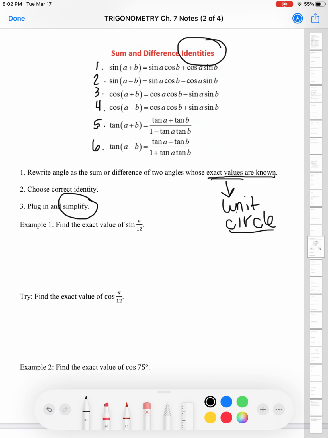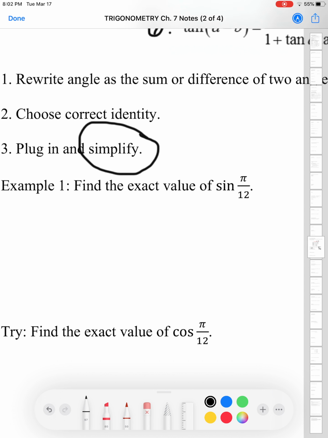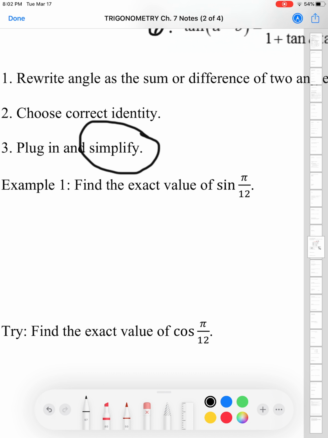So let's just jump right in and do an example. I'm so sorry this is rough, guys. This is my first online lesson. Find the exact value of sine pi over 12. Okay, sine pi over 12. That's not a value on our unit circle like square root of 3 over 2, or root 2 over 2, or 1/2.